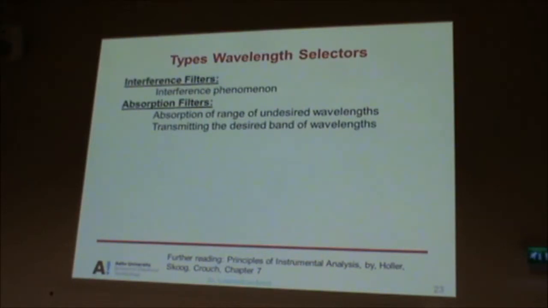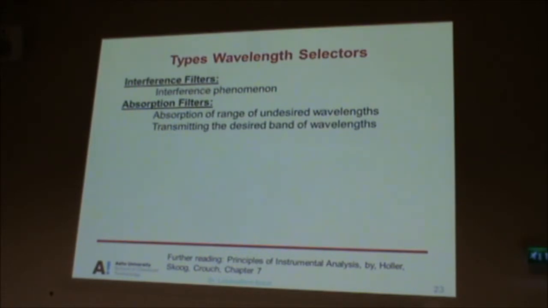Now we'll talk about the next type of wavelength selector, which is very simple to understand, so I'm not drawing any diagrams. For example, I'm very sure you all have sunglasses that are UV protective, right? The simple basis of that is you have molecules in the glass that absorb UV light.